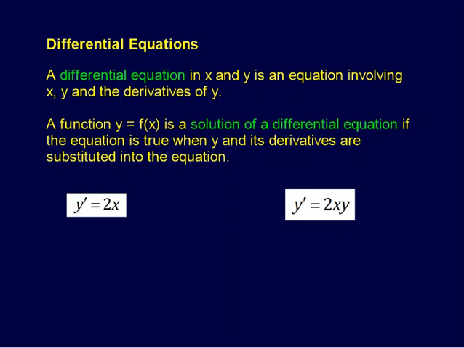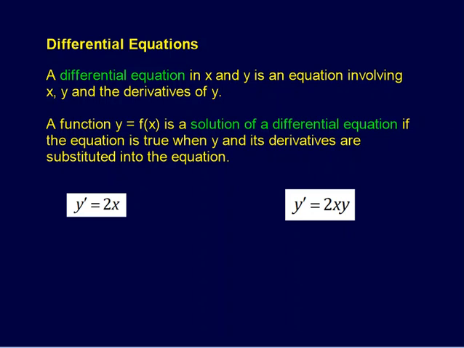But let's take a look at the two examples we have at the bottom of this screen here. The one on the left looks like something we know how to work with. A differential equation is an equation where the derivative is mentioned, and the goal in working with differential equations is to know what is the function whose derivative is mentioned in the equation.